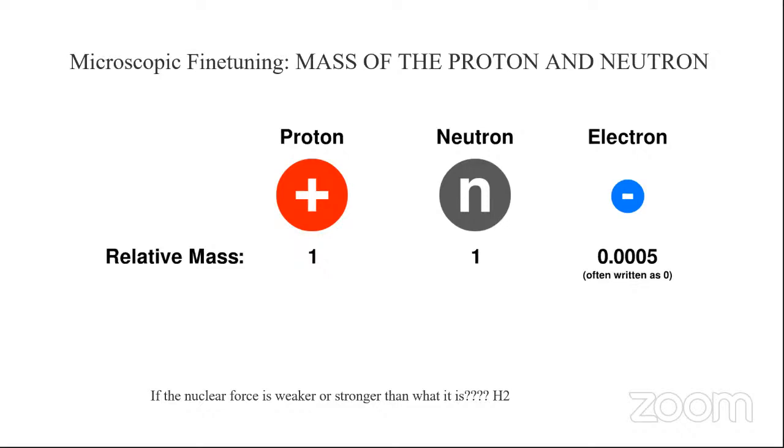If the neutron were a tenth of a percent less massive than what we observe today, the universe would make so many neutrons that all of the matter in the universe would very quickly collapse into neutron stars and black holes, and life would be impossible.